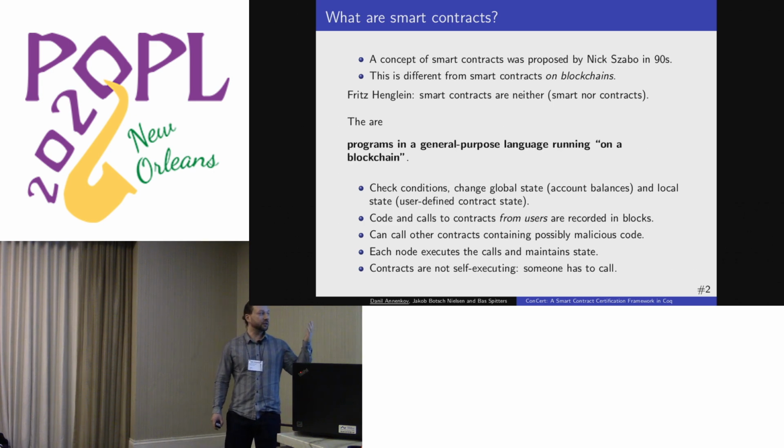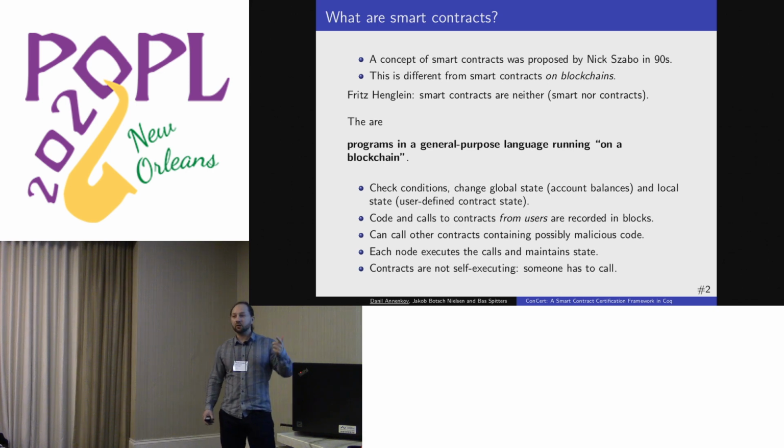The code is recorded in blocks, and calls from users are also recorded in blocks. But the state of the contracts is usually not recorded in blocks, and is maintained by each node participating in the network. So each node is responsible for executing these calls coming from users and maintaining the state.